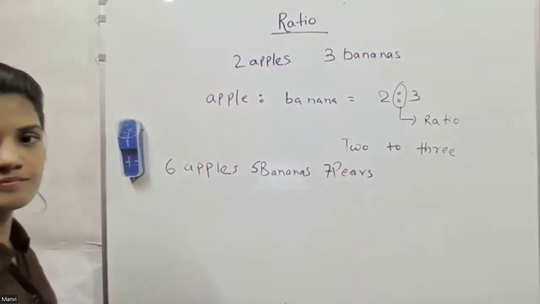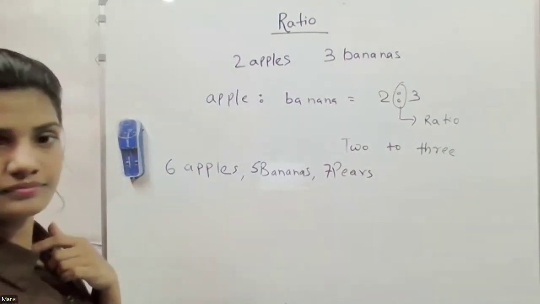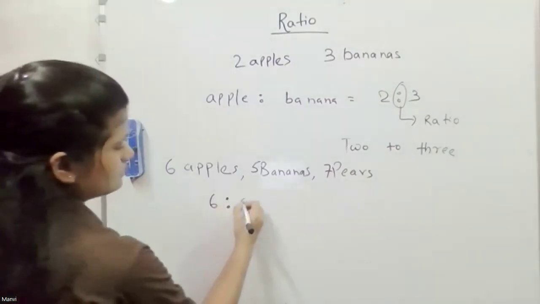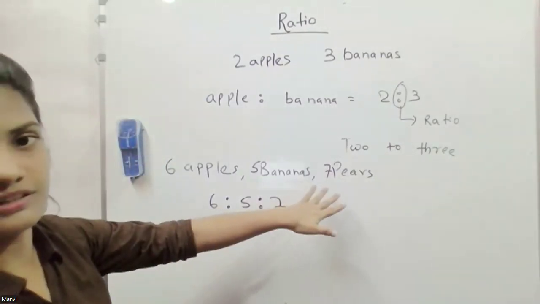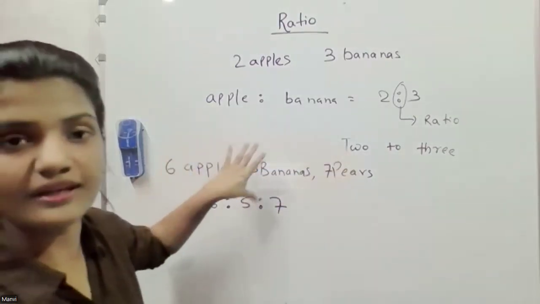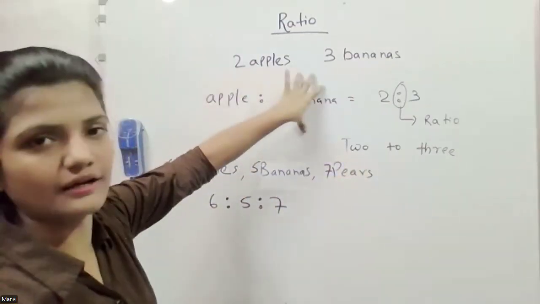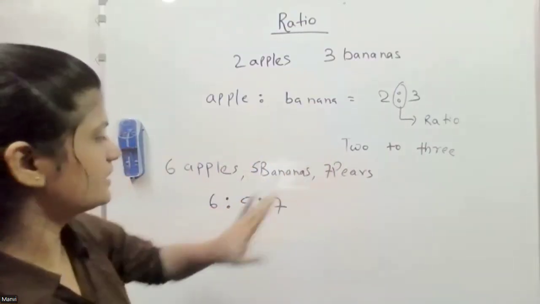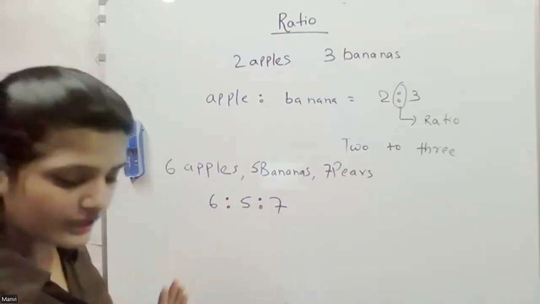So what will be the ratio for this? 6 to 5 to 7. This is part 1, part 2, part 3. Here we are comparing 3 parts, while earlier we were comparing just 2 parts, apple to banana. So we can write it like apple ratio banana ratio pears equals 6 ratio 5 ratio 7, or simply 6 to 5 to 7.